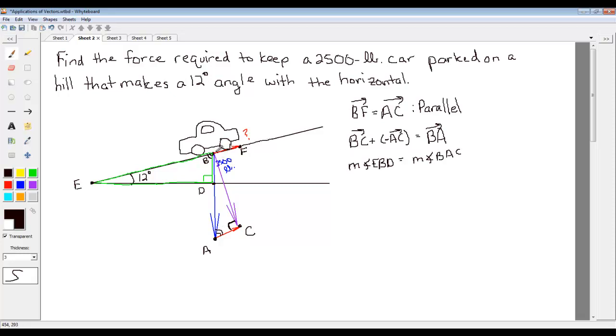Well, if BF and AC are equal, their magnitude's the same, they're facing the same direction, they're also parallel. If they're parallel, ray BA is like a transversal cutting through two parallel lines. So we have alternate interior angles. This angle and this angle are alternate interior angles, and that's how we know their measures are equal. They're congruent angles.